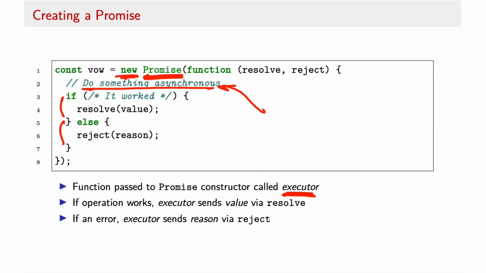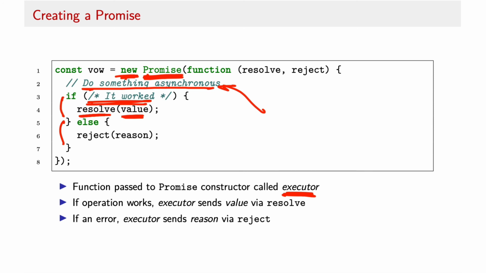Because very often when you're promisifying something, it's a behavior that's based on callbacks, and you're trying to wrap that up in promises. So if the asynchronous thing worked, super generic idea here, what we're going to do is call a function called resolve, and we're going to pass to that function the value associated with the underlying asynchronous thing working. So if we think about reading from a file, the result from that working properly is going to be the contents of the file, right?